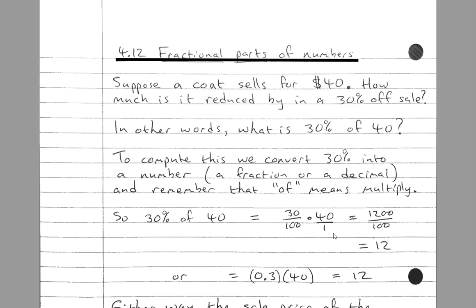Remember, multiply straight across, so we get 1200 over 100, and that's 12. Doing it as a decimal, it would be 0.3 times 40. If you remember multiplying decimals, you'll get the same answer, 12.